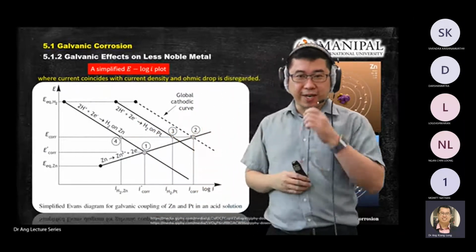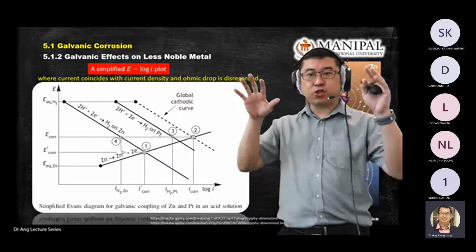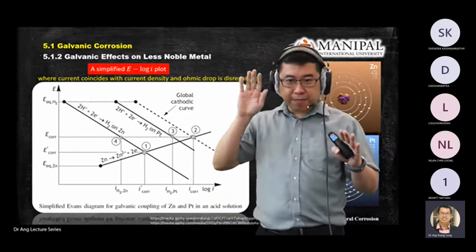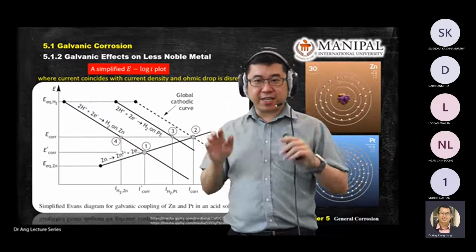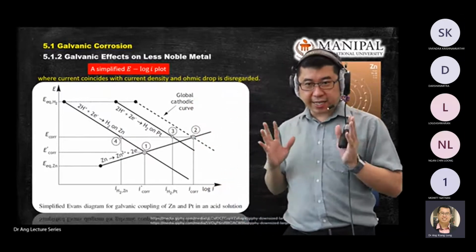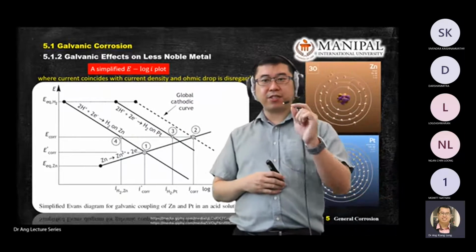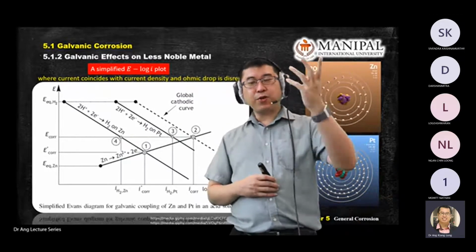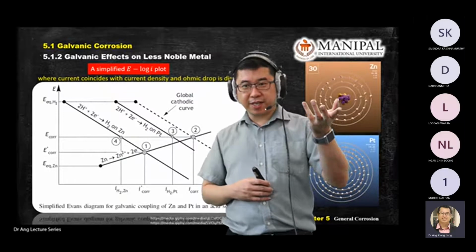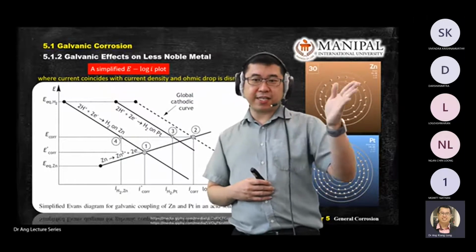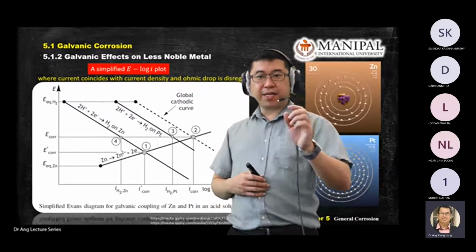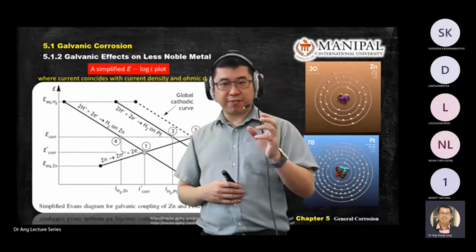This we call it what? The scenario experiment setup. These two elements, platinum and zinc, they are in what solution? Acidic solution. What is famous for acid? H positive. How do you know pH is at an acidic level, or less than 7? It means you have more H positive concentration.